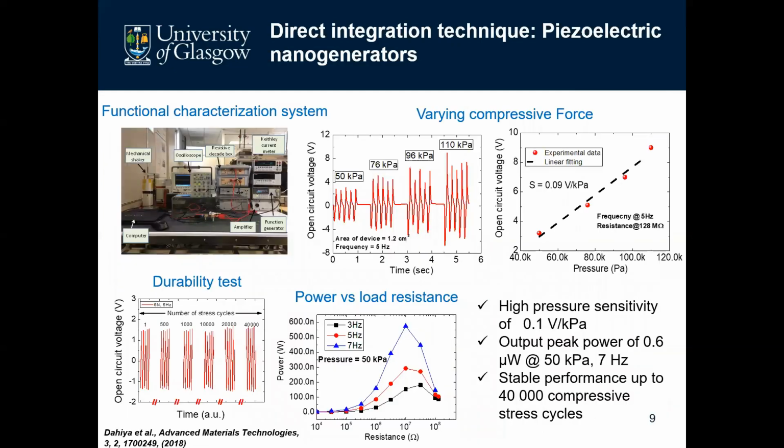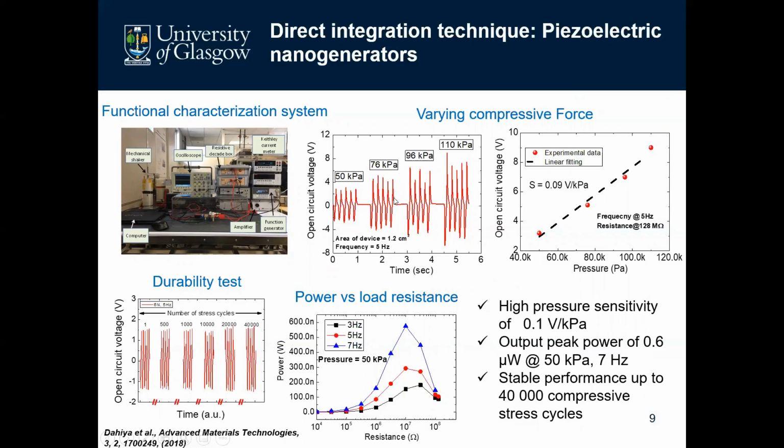In this slide, we show the characterization test bench for piezoelectric nanogenerators. Here is a mechanical shaker used to mechanically excite the device, and to record the signals, we have a Keithley current meter, an electrometer, and then a resistive box to measure across different resistances. In this graph in the middle, we can see the open circuit voltage at different pressures.